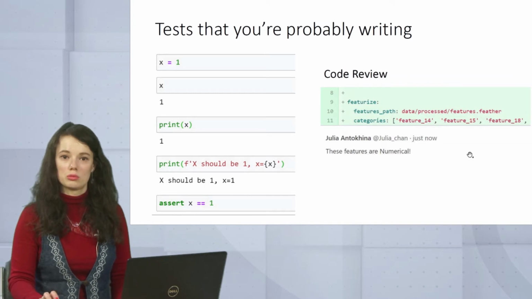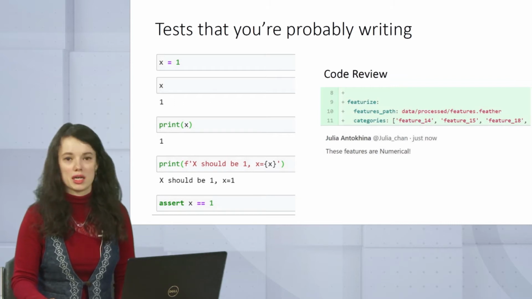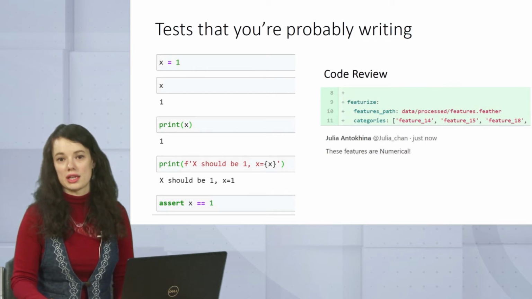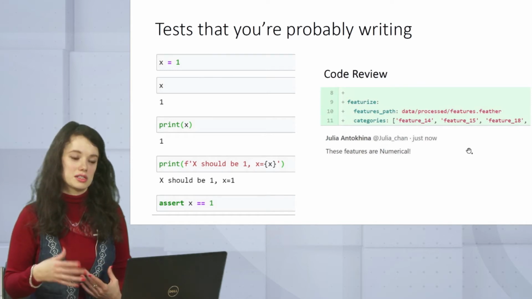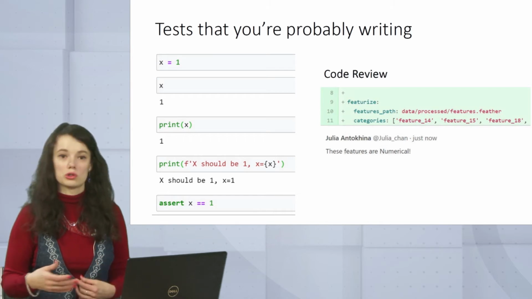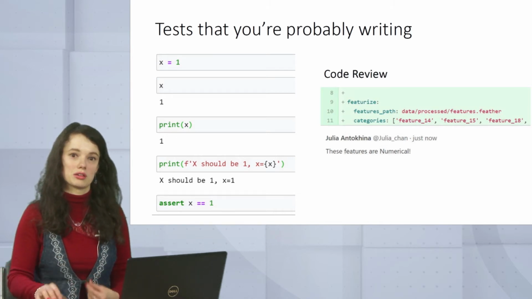First of all, probably you are doing testing right now. Maybe you are printing your variables, maybe you are making some asserts, and code review is also a type of testing. When you are finding mistakes in your coworker's code, you can write it in code review, and this is testing.